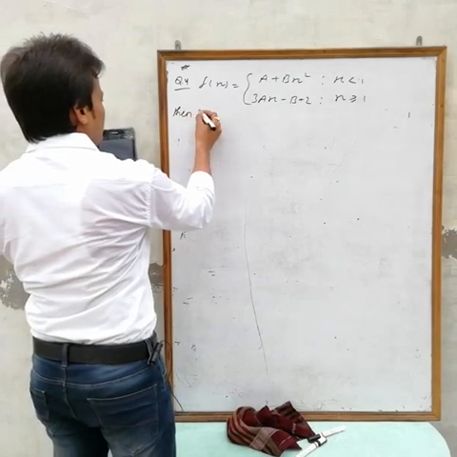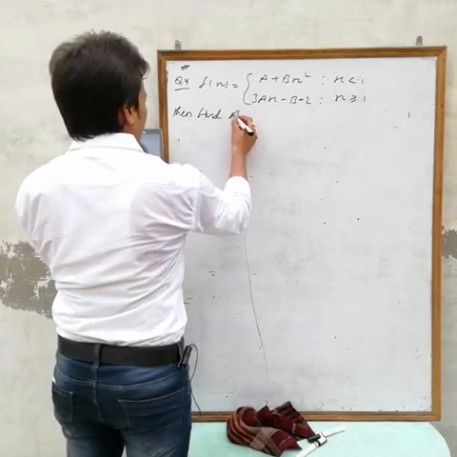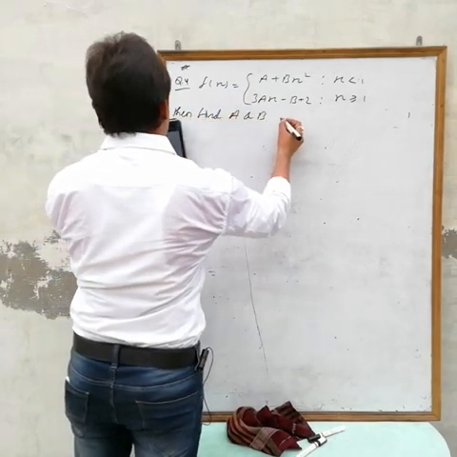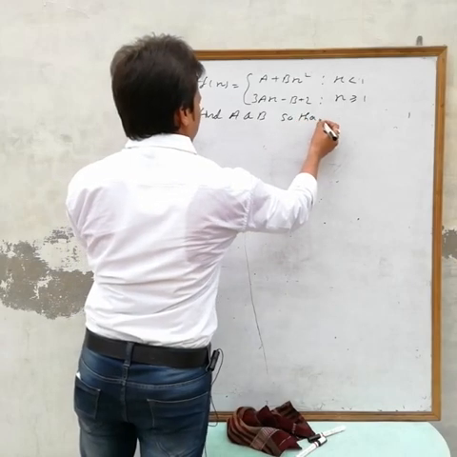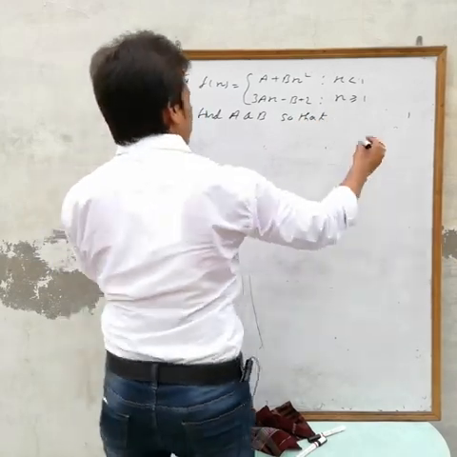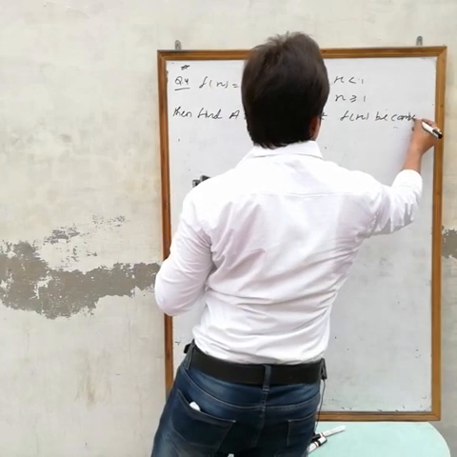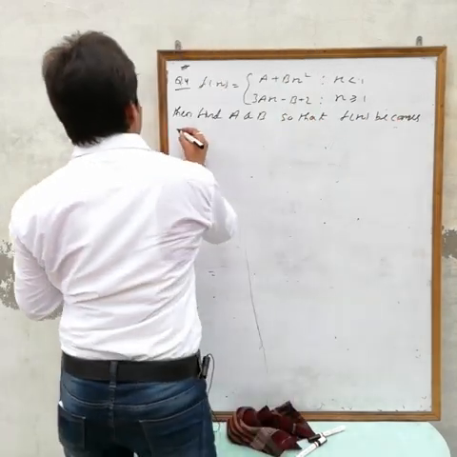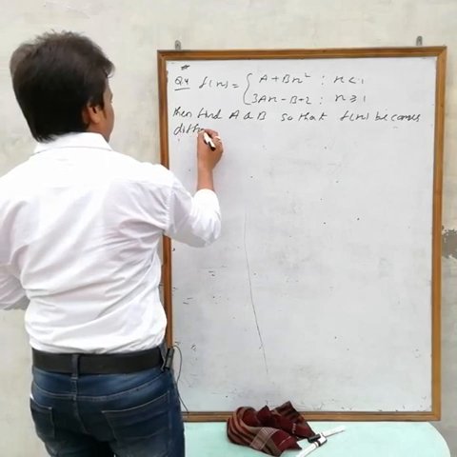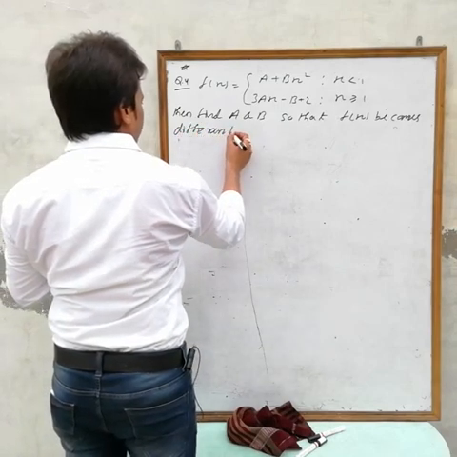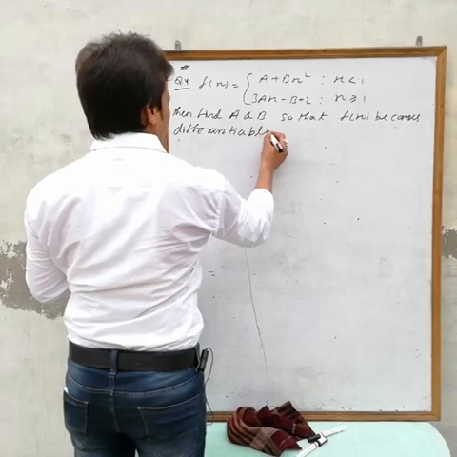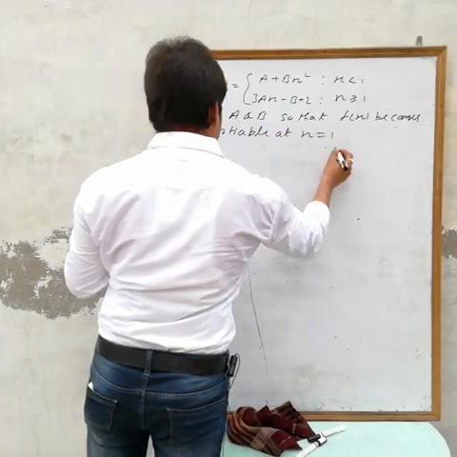Then find a and b so that f(x) becomes differentiable at x equals to 1.